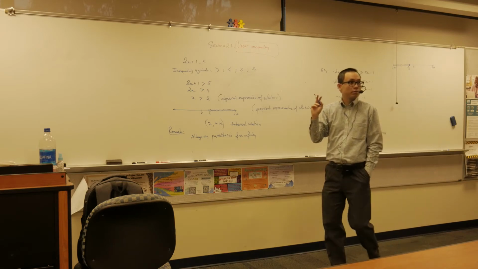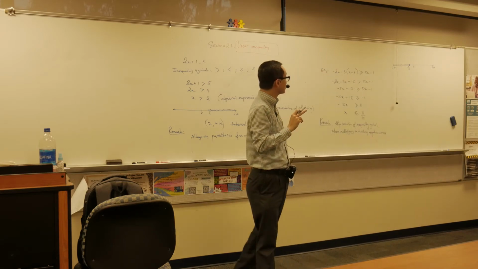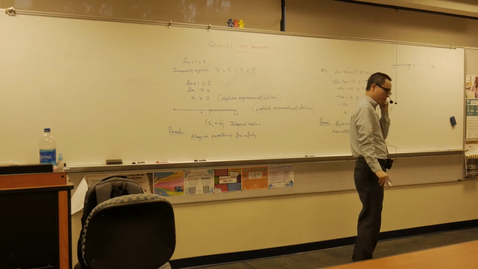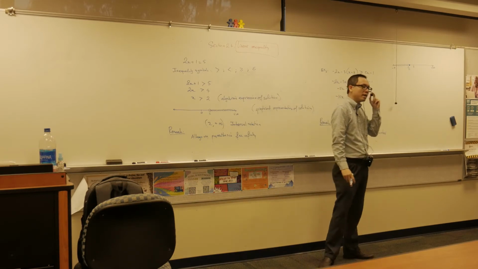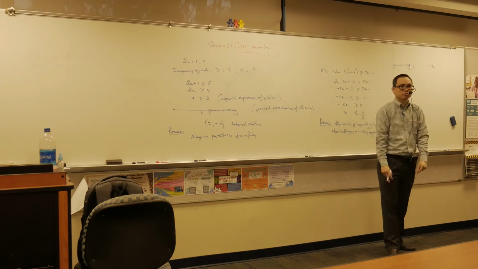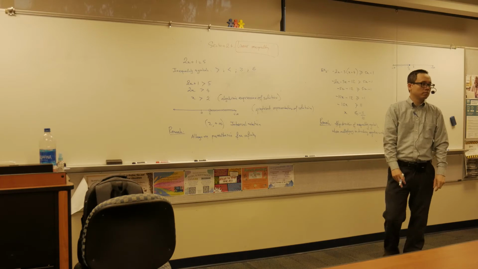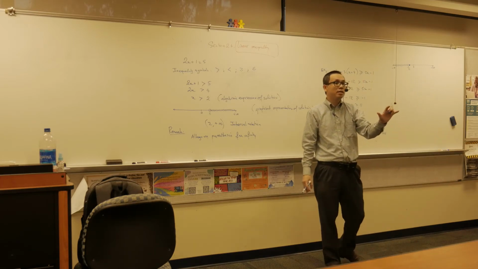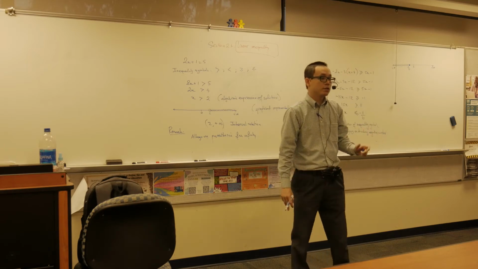Good? Most of the time, when you solve a linear inequality, they barely ask you for the graphical representation. However, if you graph it, it's much easier to get the interval notation.